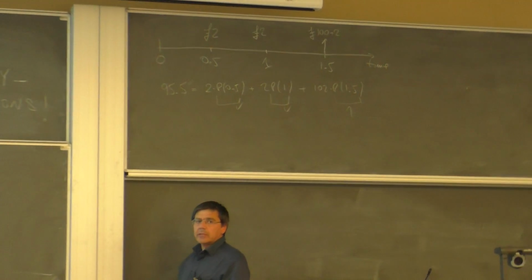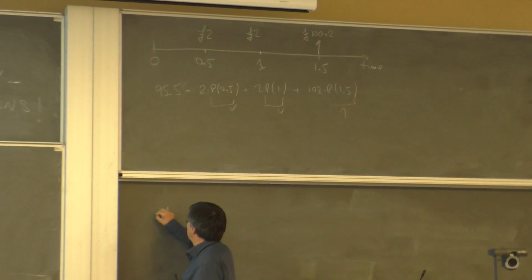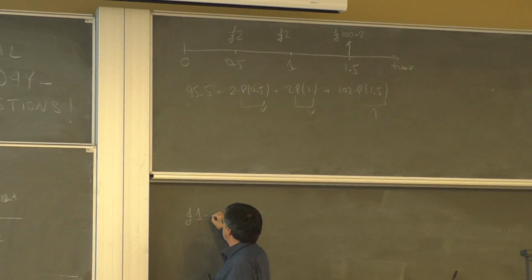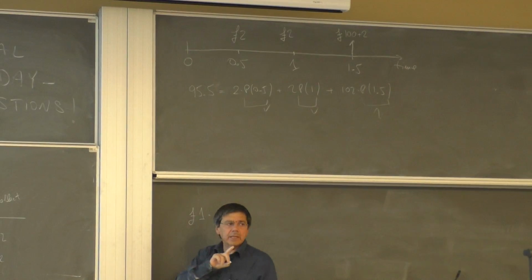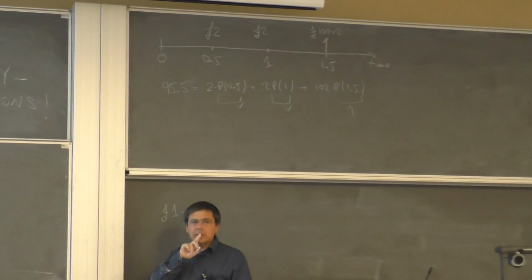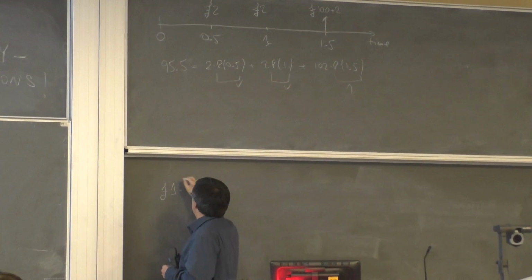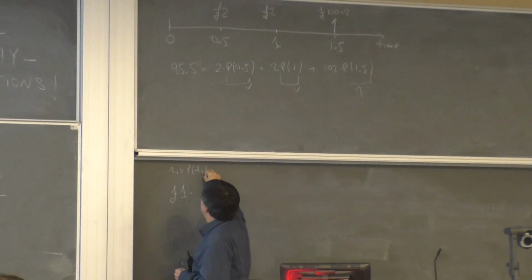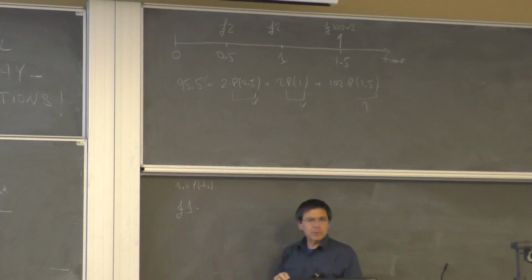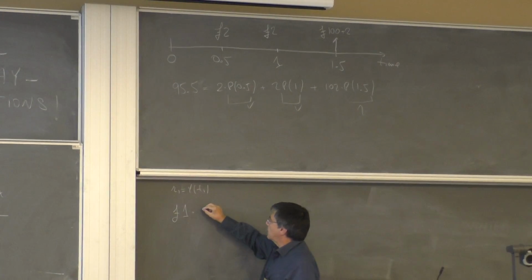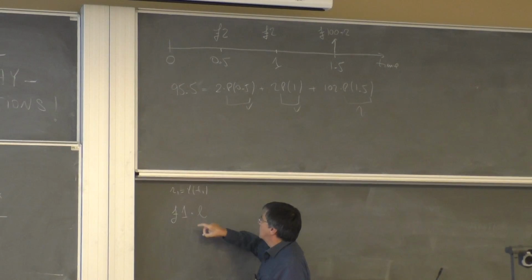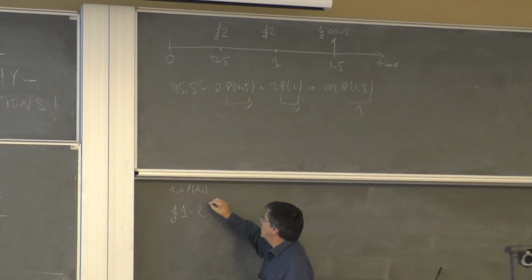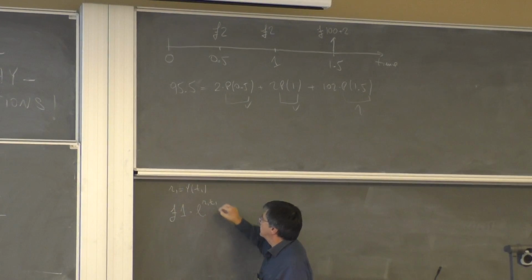The first thing is you can take £1 and deposit it for T1 years. Let's take R1 to be Y of T1, the T1 spot interest rate. So after T1 years, you're going to get your £1 times e to the R1 T1.